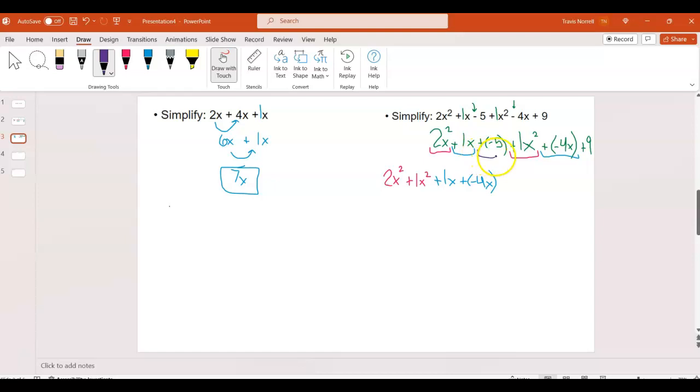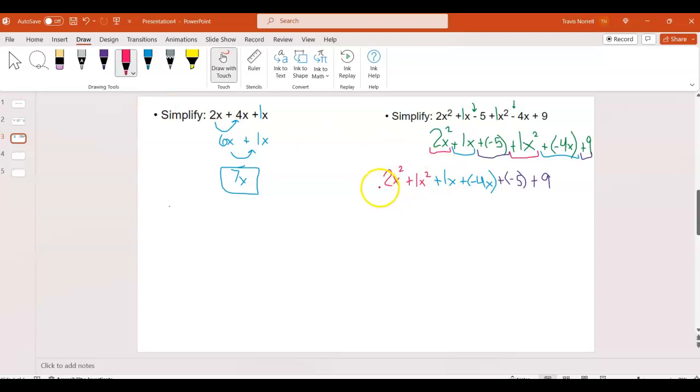And then numerical values: I have plus negative 5 plus positive 9. And you can see by the bottom of each value, I've got all my values, but now they're grouped by like terms.